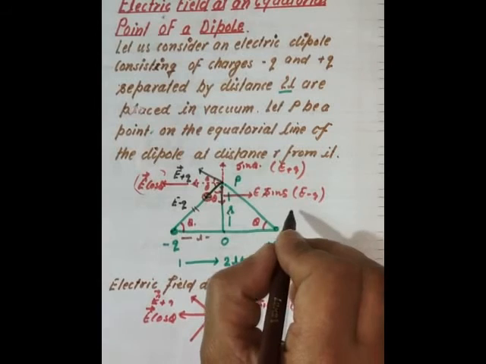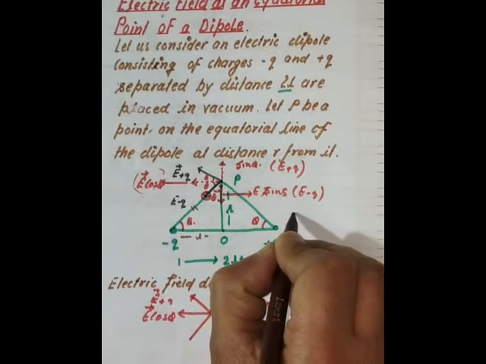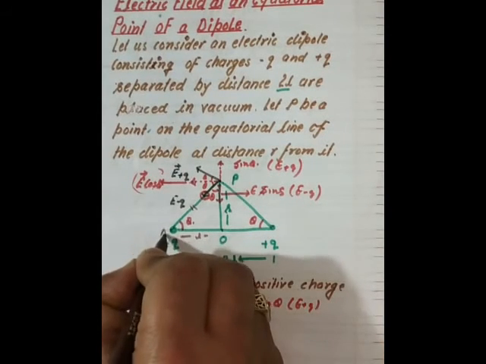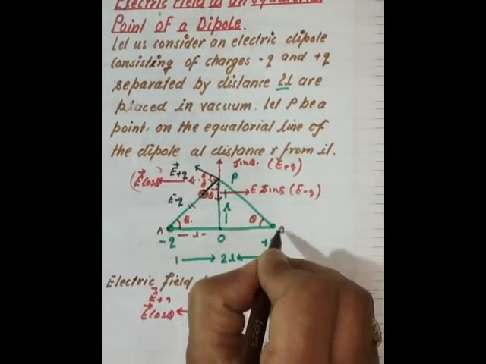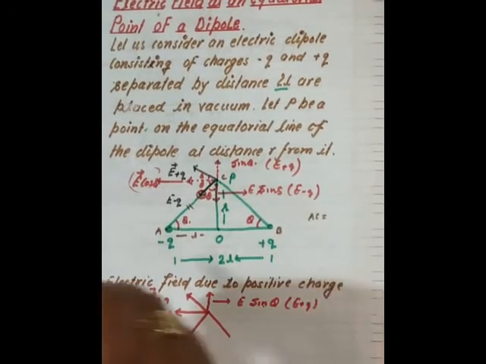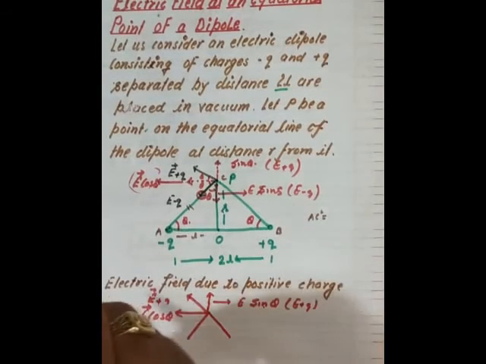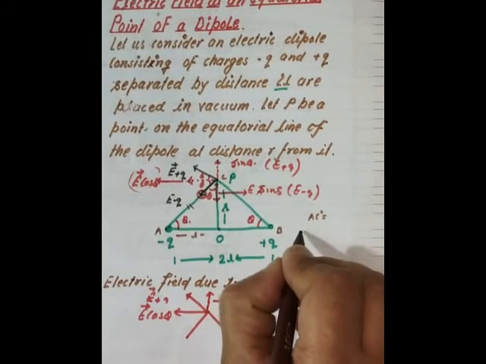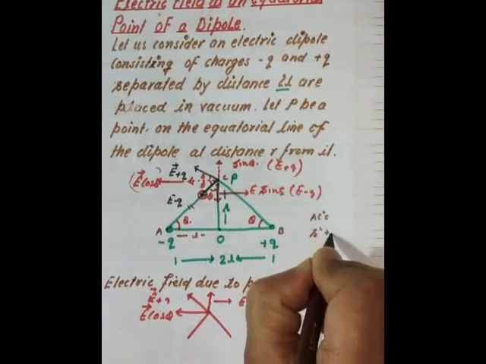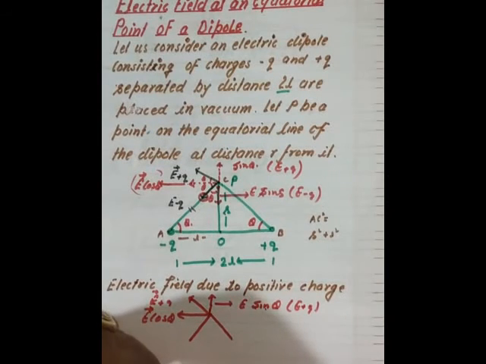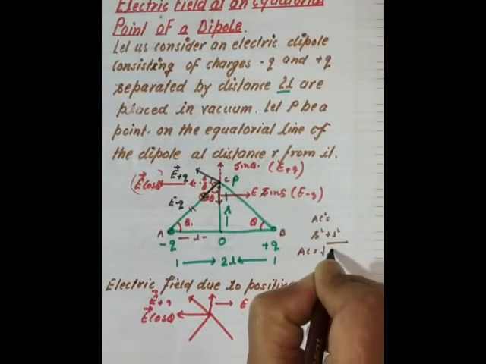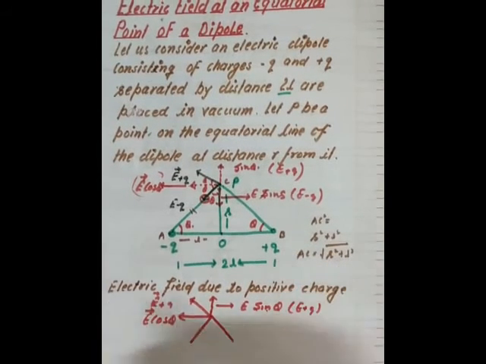So here you can write hypotenuse square, or suppose this point is A, this point is B and this one C. So AC square equals r square plus L square, or AC equals under root of r square plus L square.